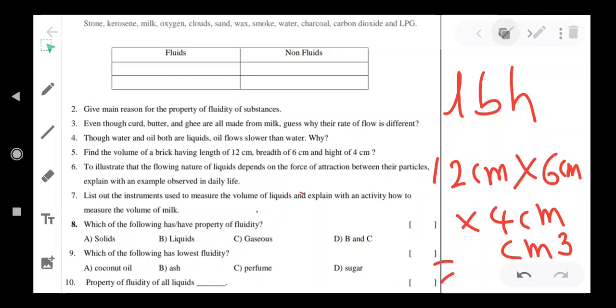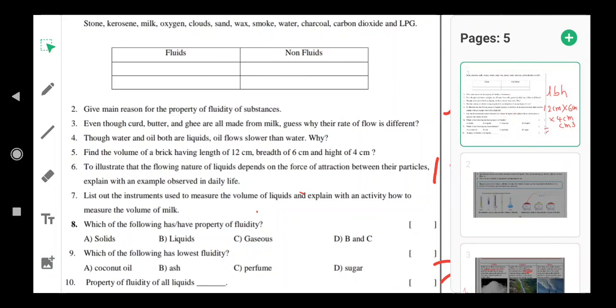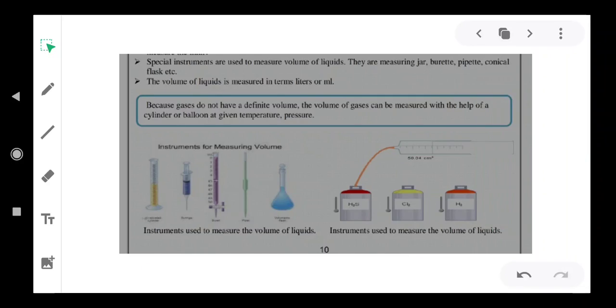We have to measure the milk with some instruments. Some special instruments are used to measure volume of liquids. They are a measuring jar, this is a measuring jar, and there is a burette, this is a burette, this is a pipette, and a conical flask also.